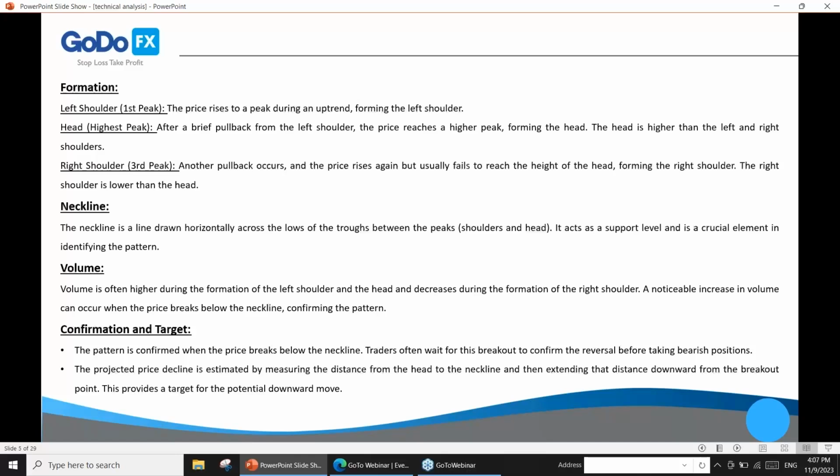The projected price decline is estimated by measuring the distance from the head to the neckline and then extending that distance downward from the breakout point, and this provides a target for the potential downward move.